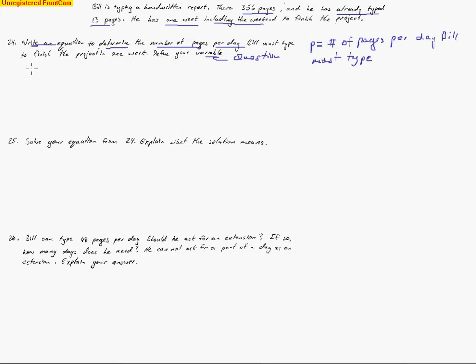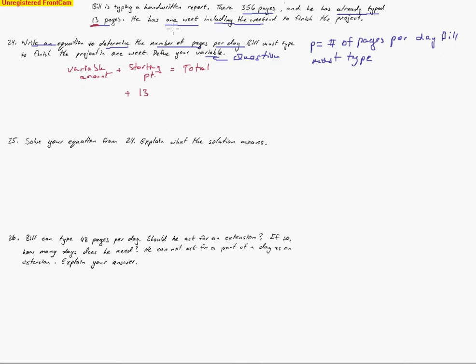When I write the equation, I need to start with this kind of setup. I'm going to have a variable amount, then a constant or a starting point, and then I'm going to set it equal to a total. My starting point is what we've already done: 13 pages. So I'm adding 13 to the variable amount.